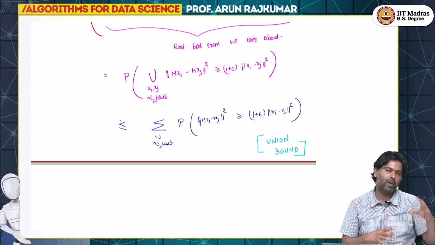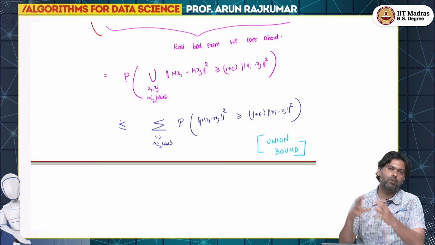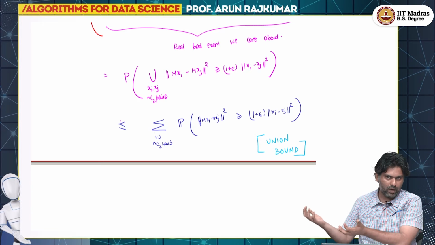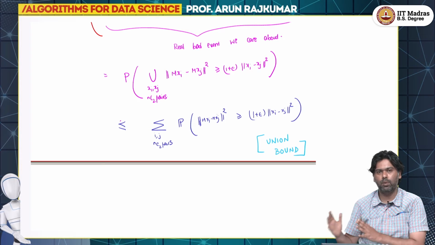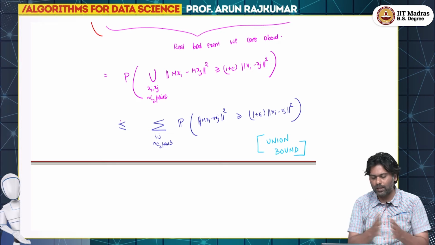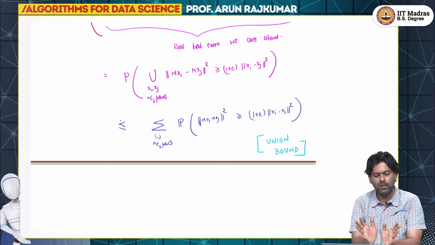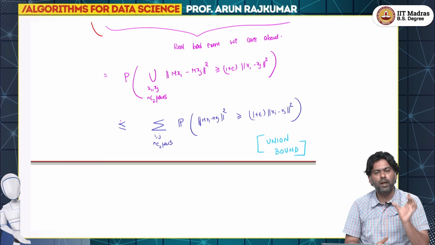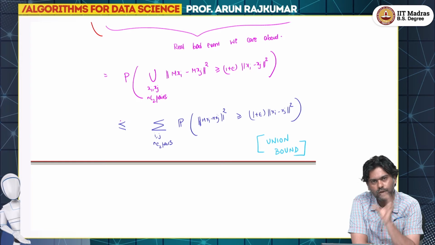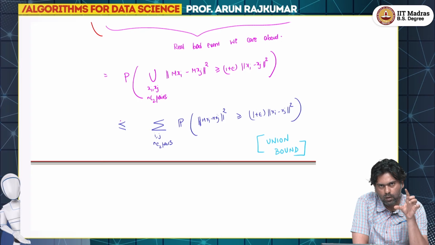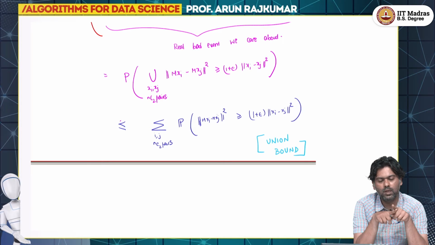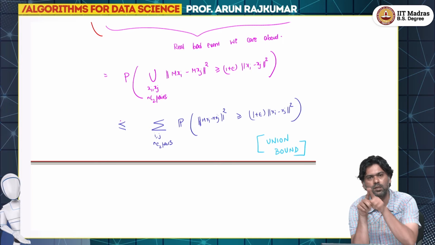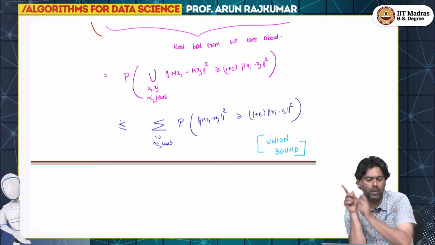The probability of A union B is actually the probability of A plus the probability of B minus the probability of A intersection B. But if I ignore the intersection, then it is at most the probability of A plus the probability of B, and this generalizes for n events. In this case there are n choose 2 events where it goes wrong for each of these individual xi minus xj, and the chance that at least one of them goes wrong is at most the sum of the chance that each of them goes wrong.